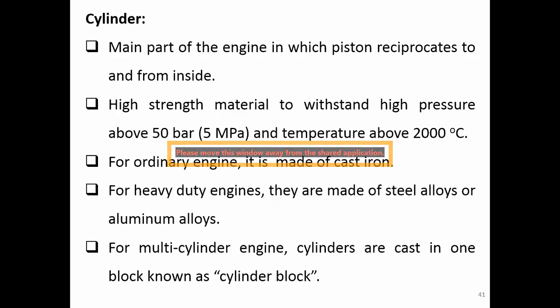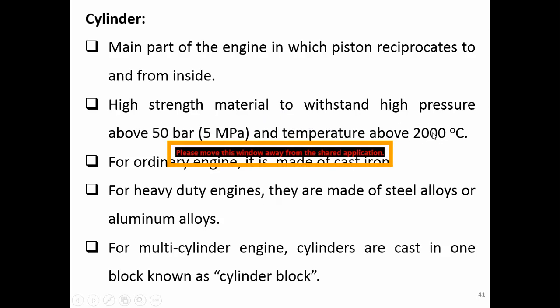It is usually made from a high strength material in order to withstand the high pressure that happens inside due to the combustion. You can see the amount of pressure is higher than 50 bar or 5 megapascal. And the temperature is above 2000 degrees Celsius.